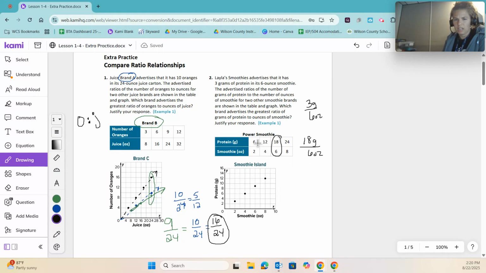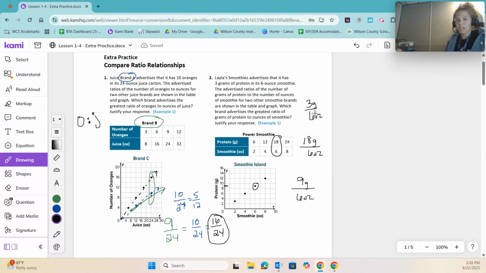Wow, that one has a lot more grams of protein than Layla's smoothies for the same amount. And then this one for a 6 ounce, it actually does have a spot there. It has 9. It's directly between the 8 and the 10. So it's going to have 9 grams of protein for 6 ounces. Okay. So again, finding a ratio where they're all the same.